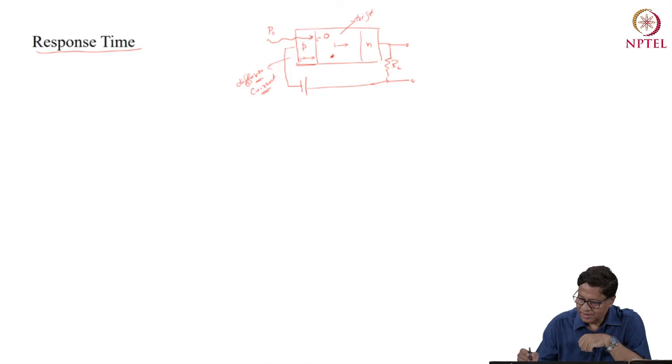So I can call this hole diffusion, and this is electron diffusion.